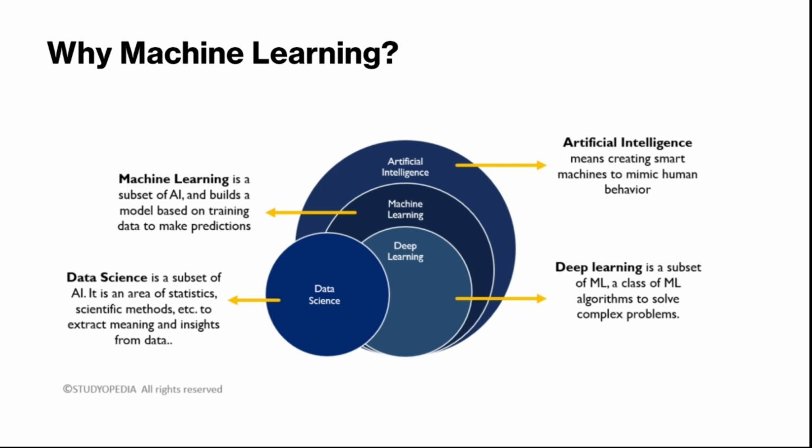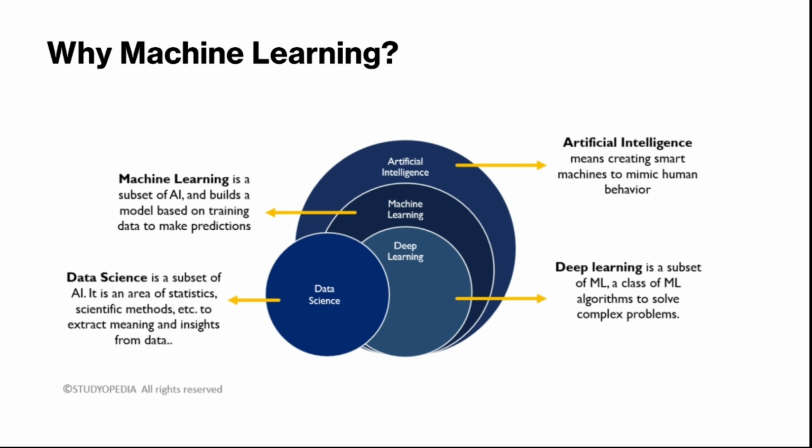So first, artificial intelligence. What is artificial intelligence? Well, we humans have natural intelligence. We understand things, we perceive things, we think, we make decisions based off what we perceive. So when we try to make a machine mimic human behavior, you get artificial intelligence.